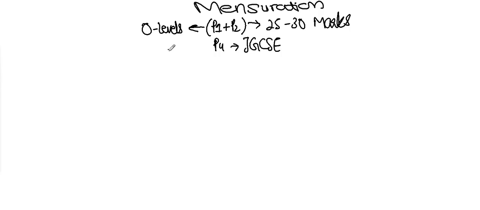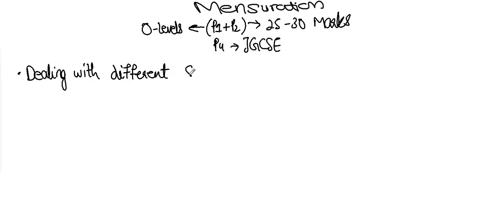So what do we study in mensuration? Mensuration is basically dealing with different types of shapes. That dealing can be done in various ways. For example, we might have to find the area of a shape or the perimeter of a shape.